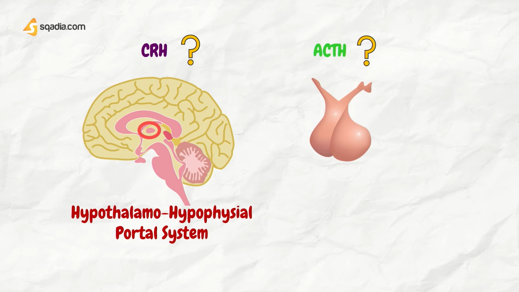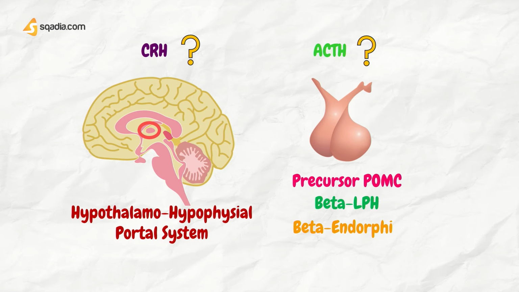ACTH is processed from a large molecular weight precursor known as pro-opiomelanocortin, POMC, present in the corticotroph cells of the adenohypophysis. Its main action is to stimulate the synthesis and release of cortisol. POMC also contains the sequences for beta-lipotrophin, also known as BLPH, and beta-endorphin, which are concomitantly released into the blood.